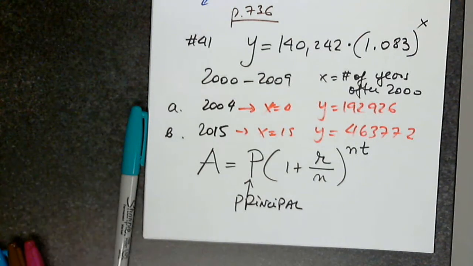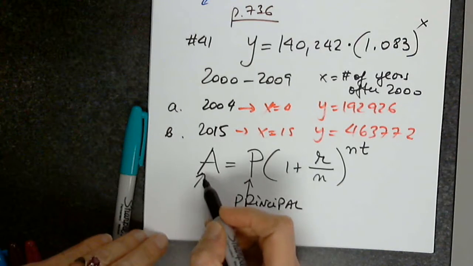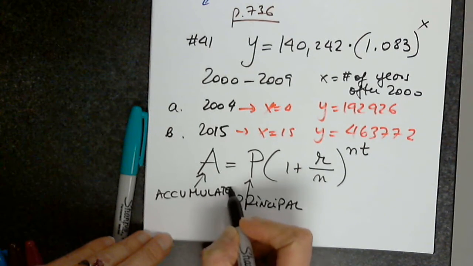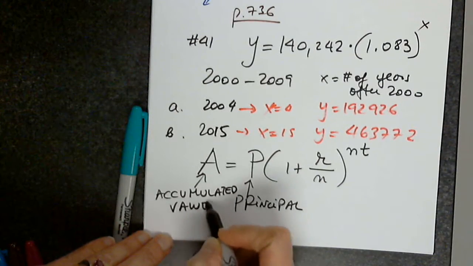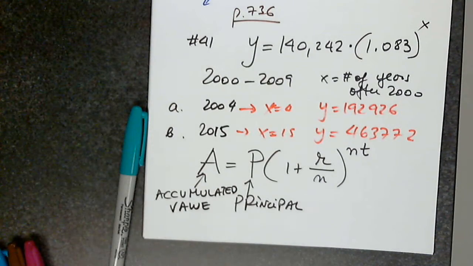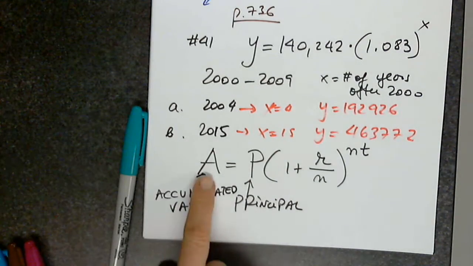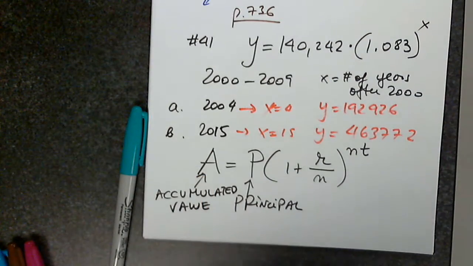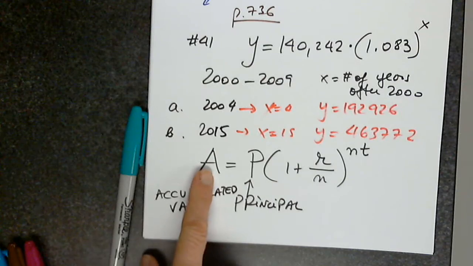If we deposit money in a bank, that's the principal. If we borrow money from a bank, that's the principal as well. A, accumulated value. In other words, if we deposit money, then 10 years from now, this will be the amount we have.